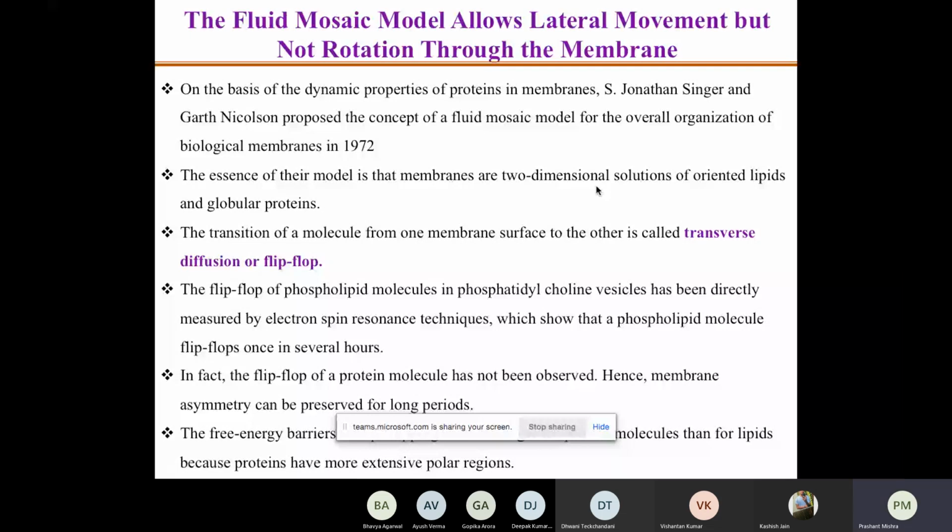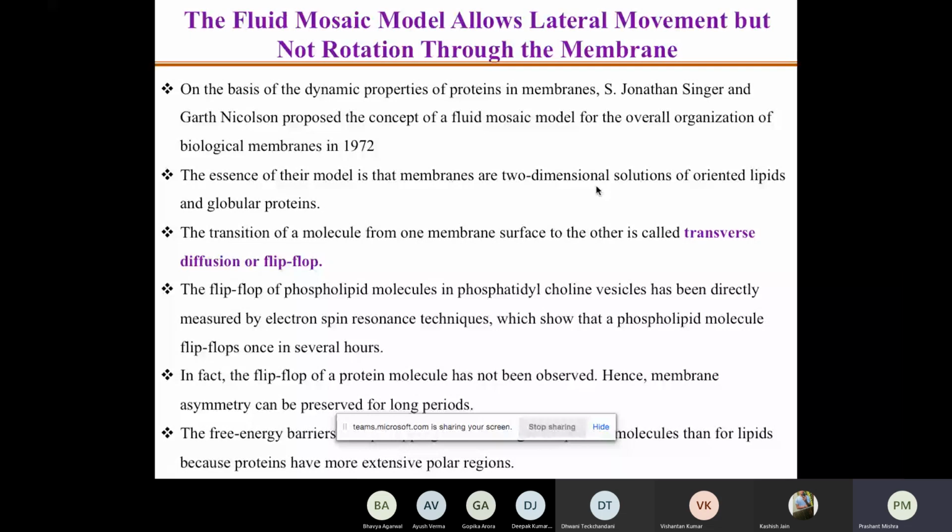In fact, flip-flop movement of protein molecules has not been observed, and hence membrane asymmetry can be maintained. This is because of the free energy barrier present due to the hydrophobic structure.